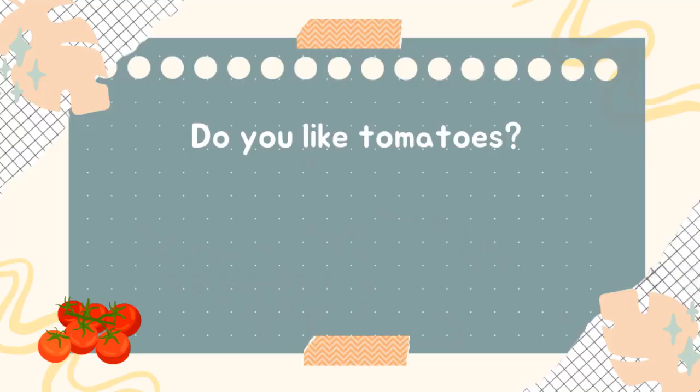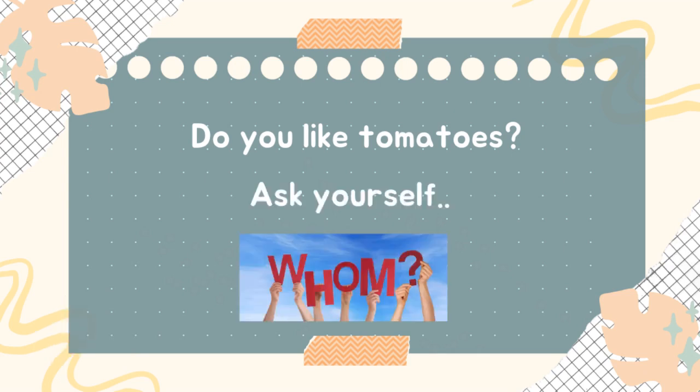Now let's look at how you would ask someone a question if they like something or if they find something pleasing. Here is our example. Do you like tomatoes? So, how would you say this? Do you like tomatoes? Don't forget to ask yourself, to whom is the verb being done to?